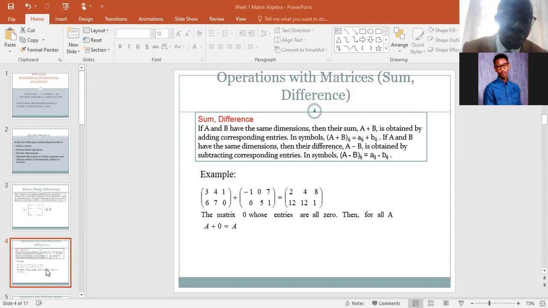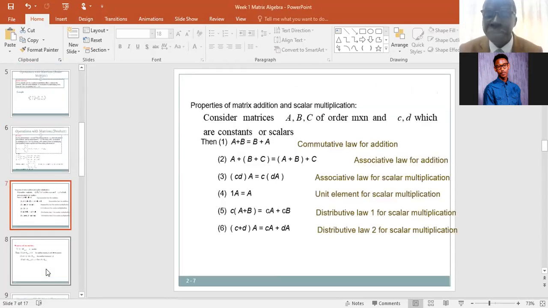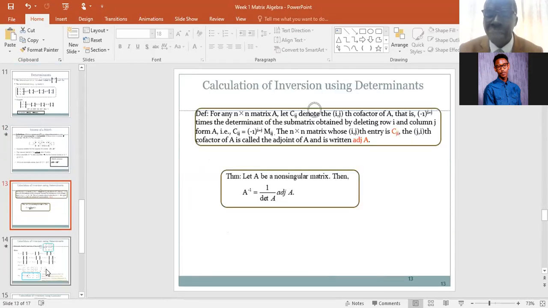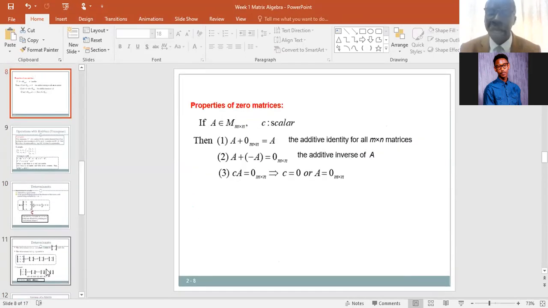Let me see whether I can get a typical square matrix here. I'll just go to Excel and I'll tell you what you do. Then I'll show you the diagonals I'm talking about, the two diagonals that make up a square matrix.